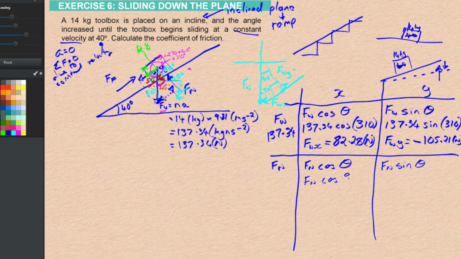So this should be 90 degrees. And then Fn sine of 90 degrees. Cos of 90 should be 0, which it is, which means that Fn in the x direction is 0. Fn sine of 90 is 1. In the y direction is just Fn.